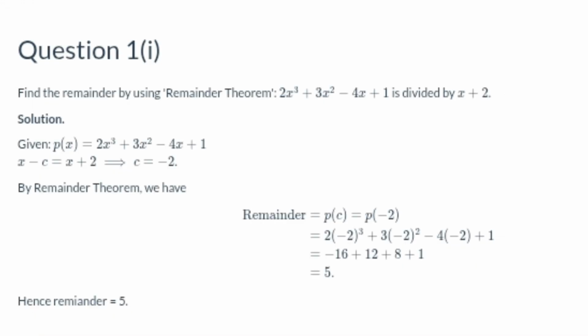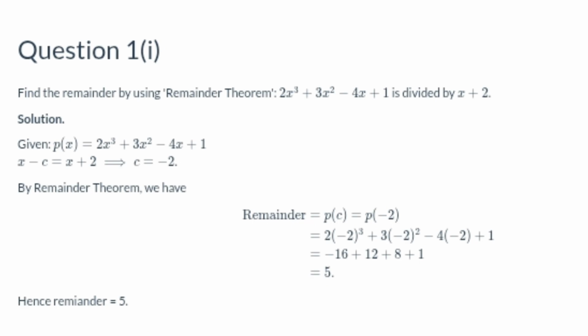We use the remainder theorem. Let p(x) = 2x³ + 3x² - 4x + 1. Since the polynomial is divided by x + 2, we set x + 2 equal to 0, which means x = -2. The remainder is p(-2).